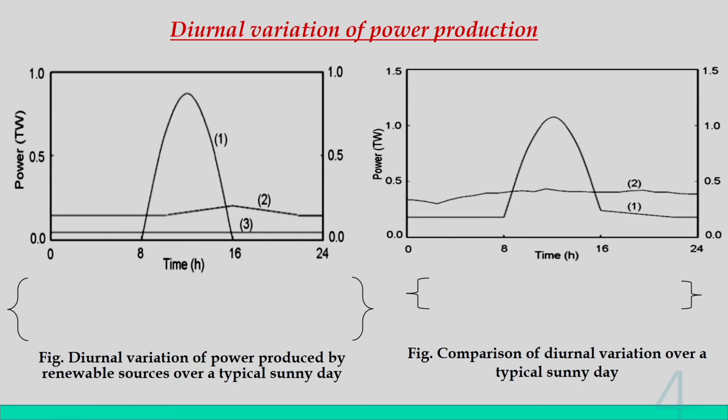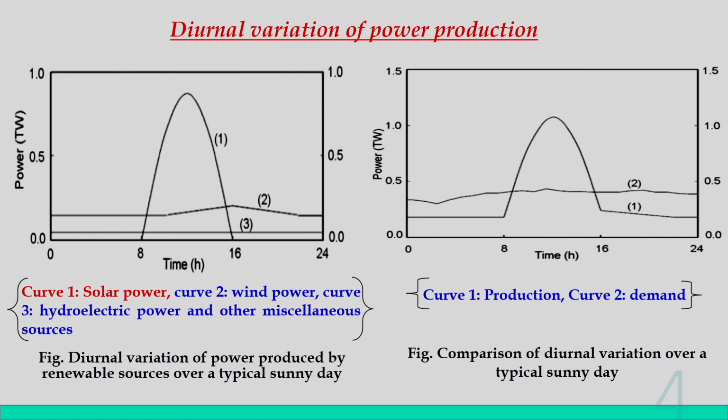This figure shows the diurnal variation of power production by renewable sources over a typical sunny day. Curve 1 indicates the energy produced by solar energy, 2 shows the variation of energy generated by wind power, and 3 shows the power generation by hydroelectric power and other miscellaneous sources.